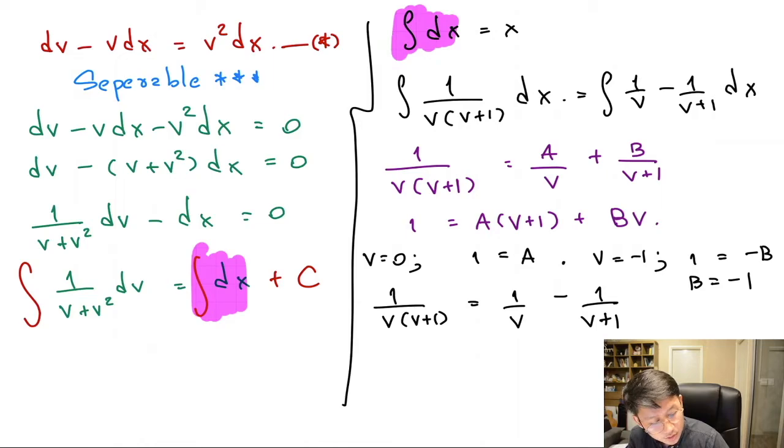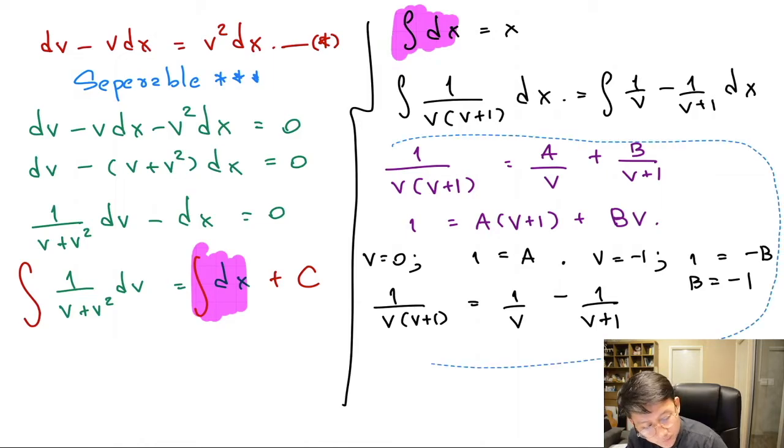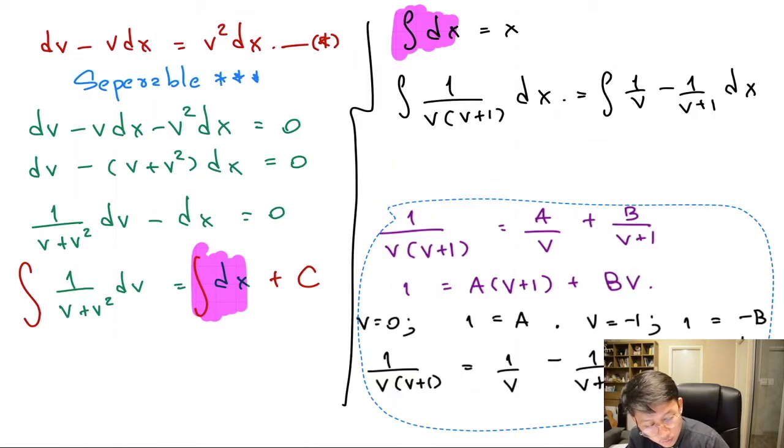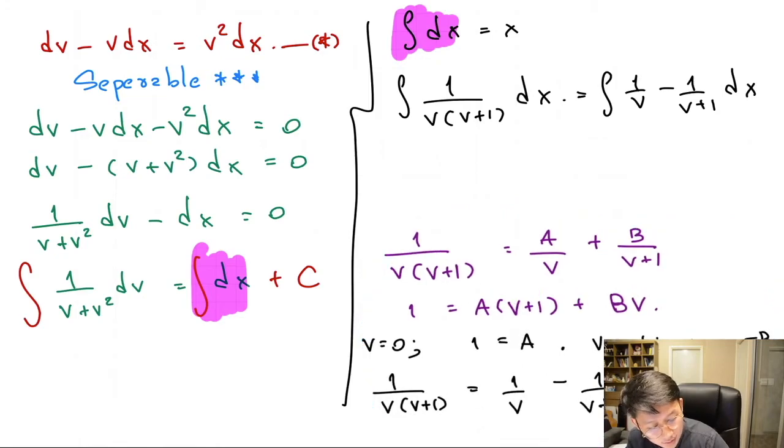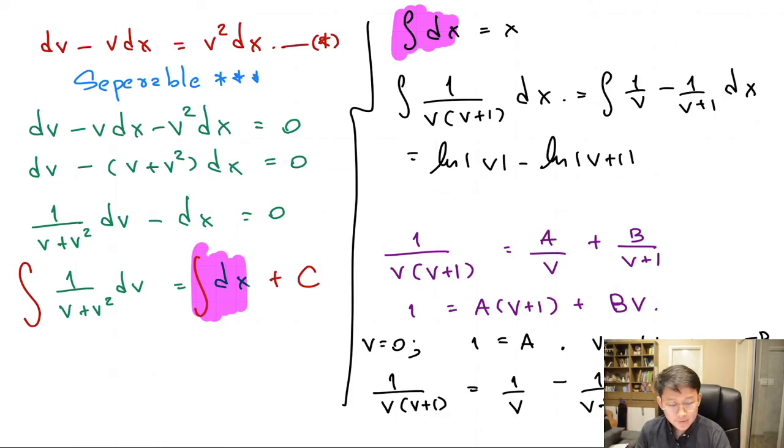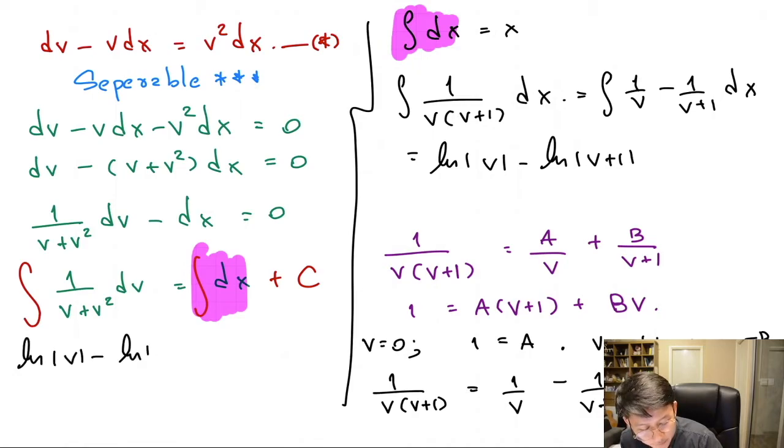which is log of absolute v minus log of absolute v plus 1 equals x plus c.